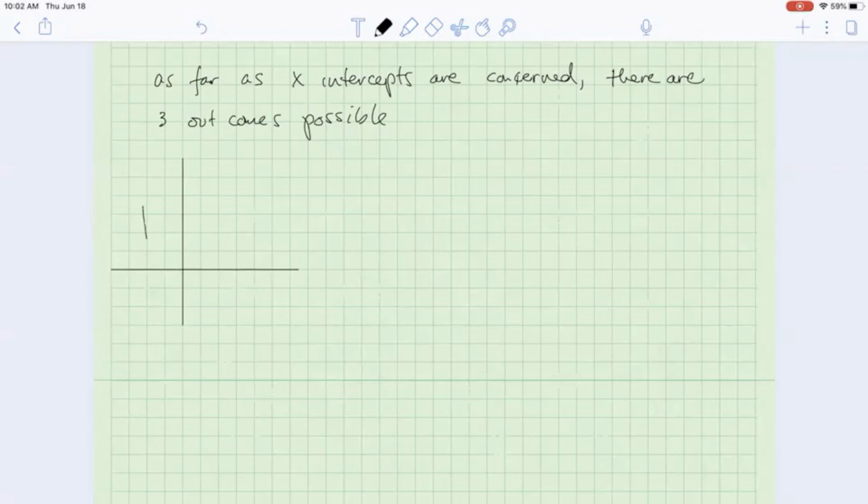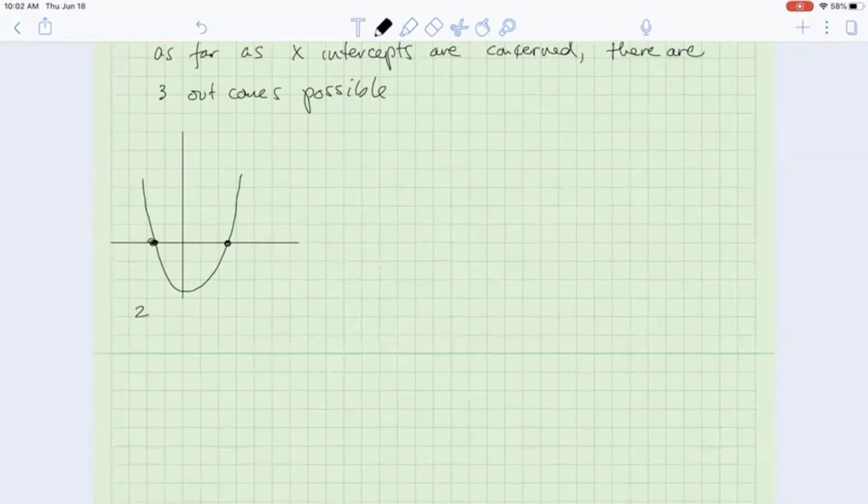Probably one you're most familiar with is having a parabola cross the x-axis in 2 spots. So this is 2 x-intercepts for f of x, or 2 real solutions to f of x equals 0.